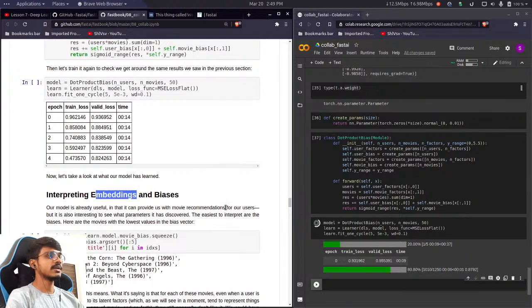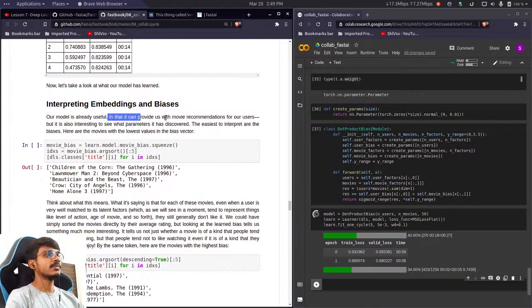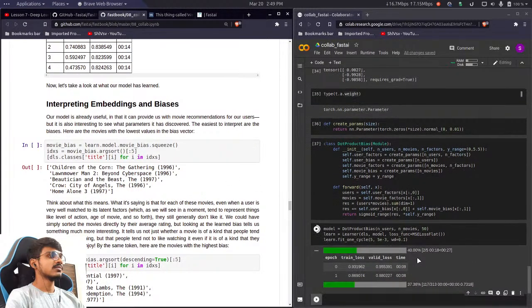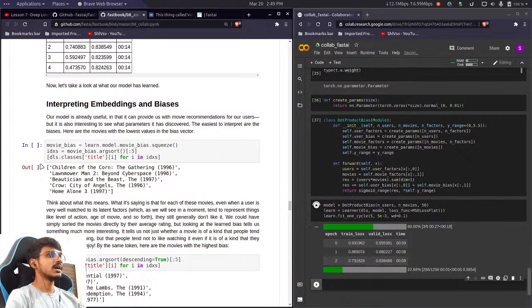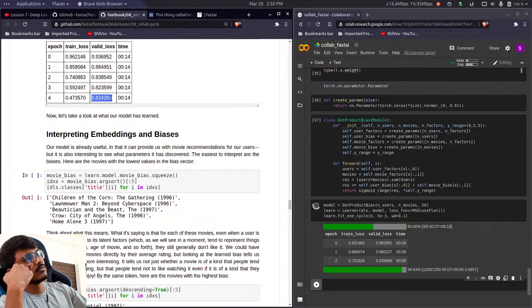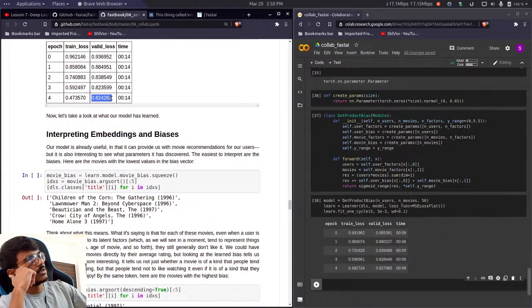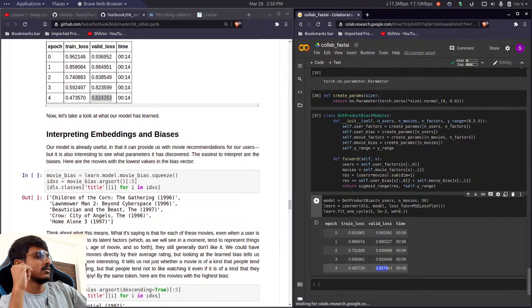Interpreting embeddings and biases. Our model is already useful in that it can provide us with movie recommendations for our users. But I don't see how this 0.82 is a good score. I'm sure it is better than the previous scores, but still, shouldn't we be improving it further?